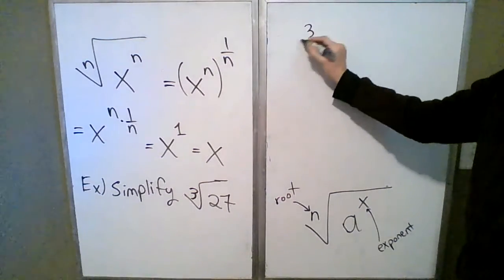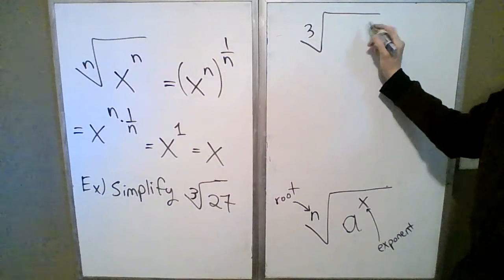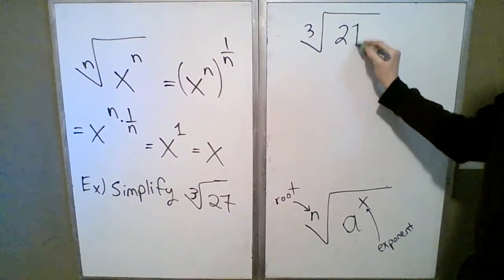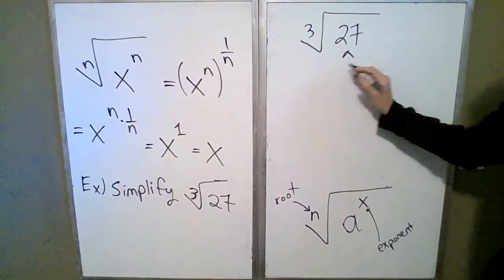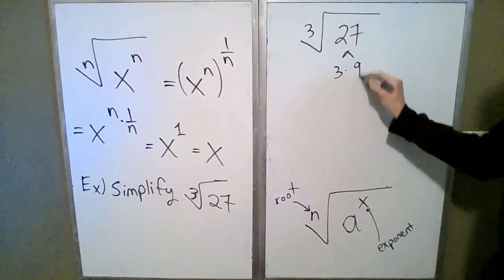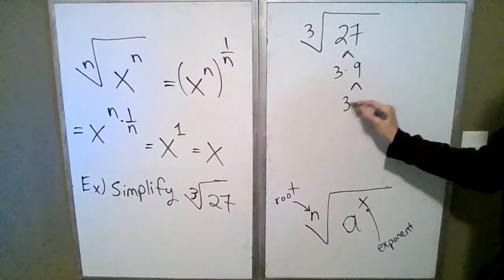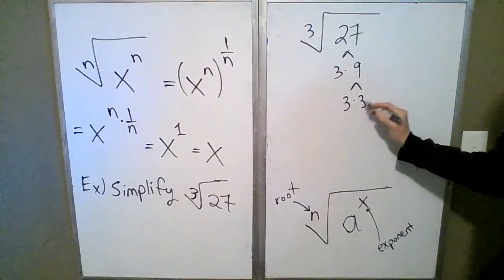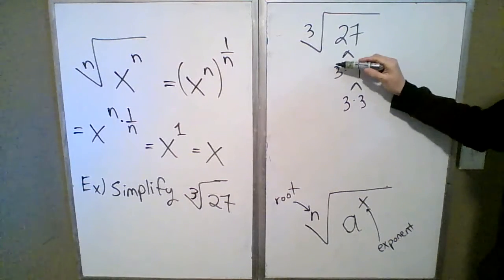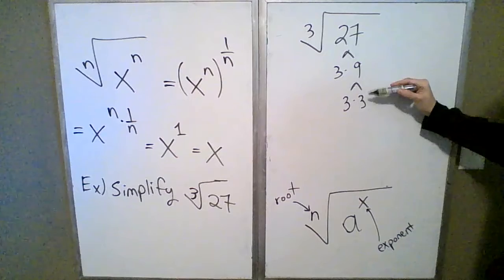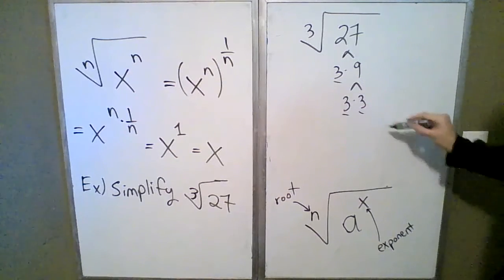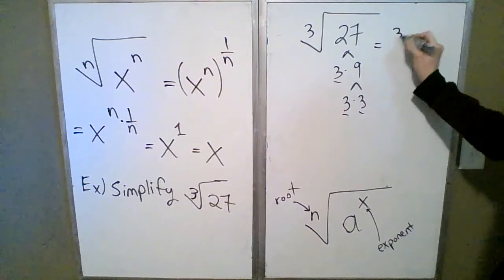So we'll take this problem and just do a factor tree on that number, 27. 27 factors into 3 times 9. 9 factors into 3 times 3. And the factors of 27 are at the end of the branches. So we're going to write 27 as 3 times 3 times 3, 3 cubed.